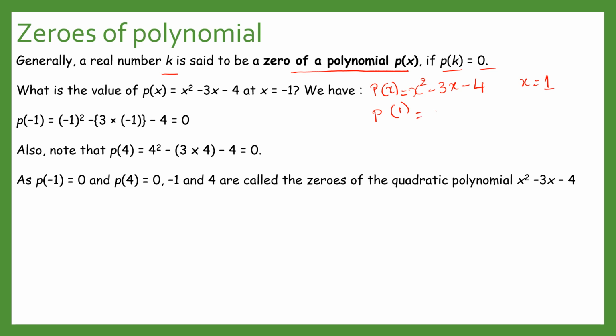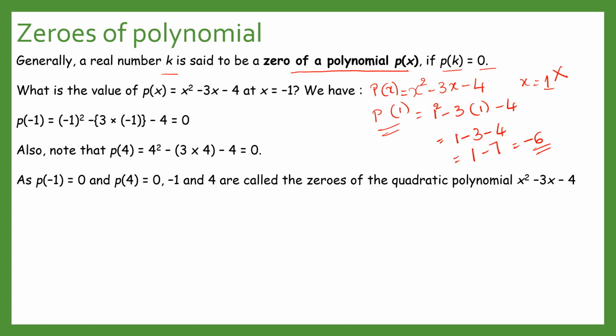P of 1 means in the place of x you should substitute 1: 1 square minus 3 into 1 minus 4. 1 square is 1. 1 minus 3 minus 4, you got 1 minus 7, that means minus 6. So p of 1 is minus 6. We did not get p of 1 as 0. So, 1 is not a zero of the polynomial.